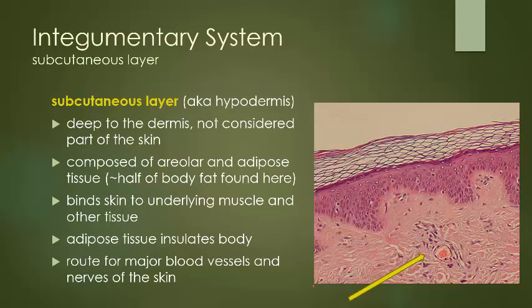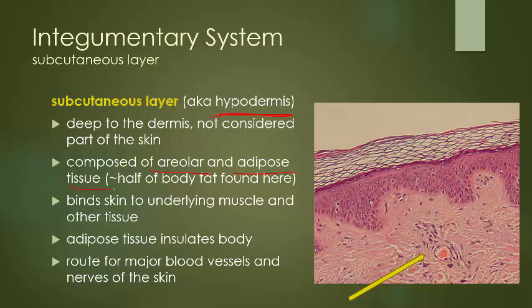Deep to the dermal layer is the subcutaneous layer, also sometimes referred to as the hypodermis. It's not considered part of the skin, but because this is really the only chance in the class that we have to talk about the subcutaneous layer, the book kind of slides it in here. It is composed of areolar tissue and adipose tissue.